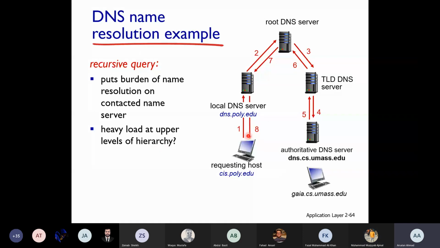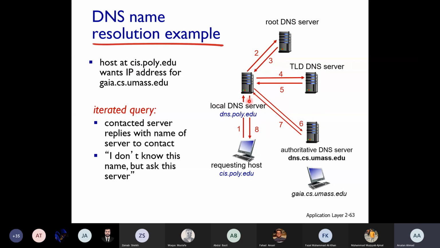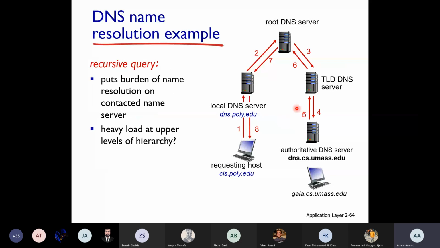Okay. This 1 and 8, it doesn't change. It is not something which categorizes the type of name resolution. This 1 and 8 over here, it's still recursive in nature. This is the whole name resolution process. This right here, how the local name server contacted the root, TLD, and authoritative. So this method is iterative, and this method is recursive.